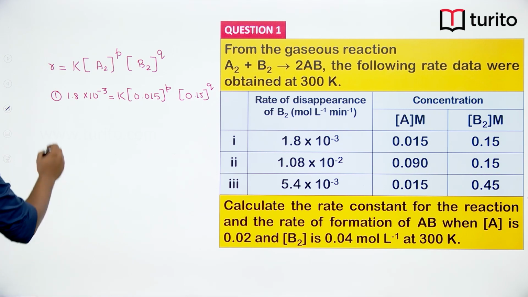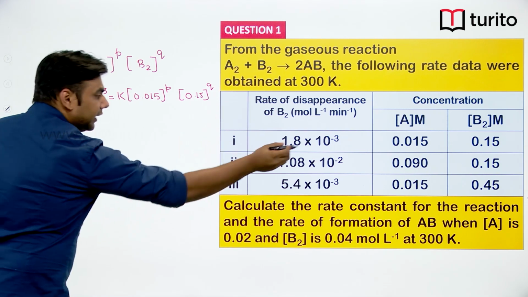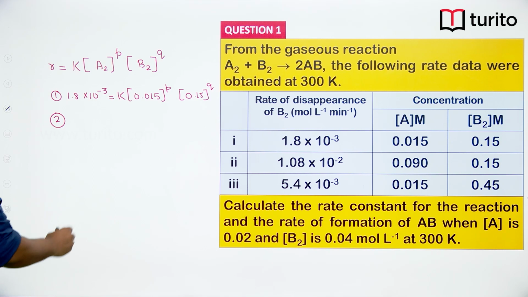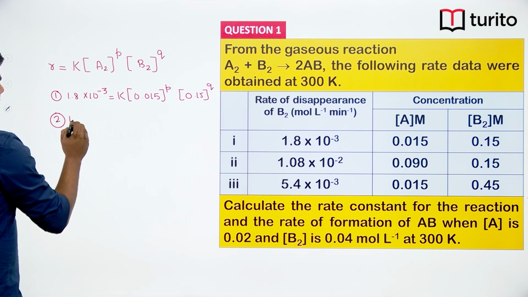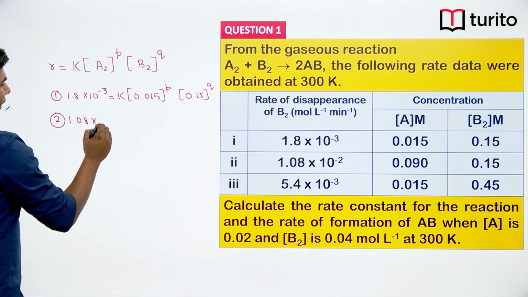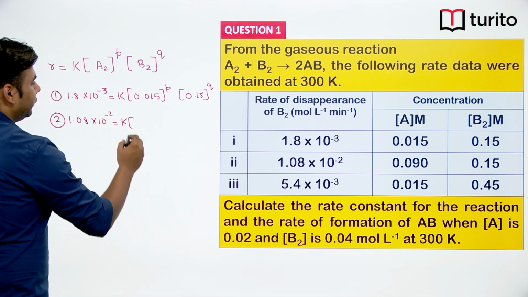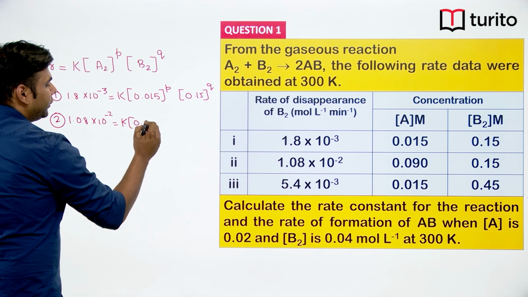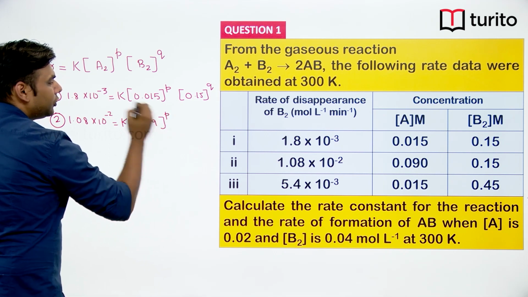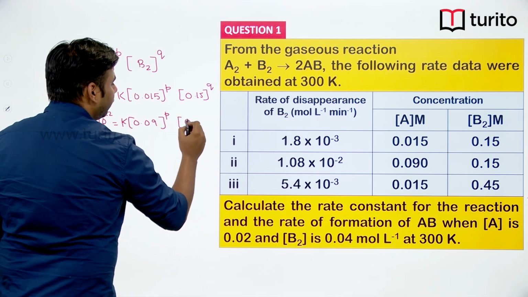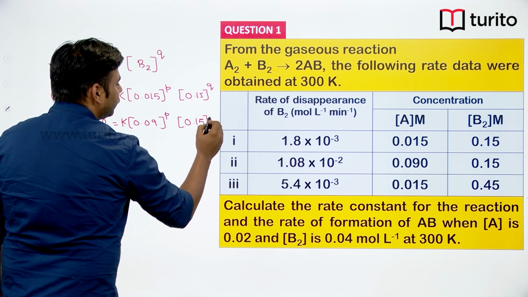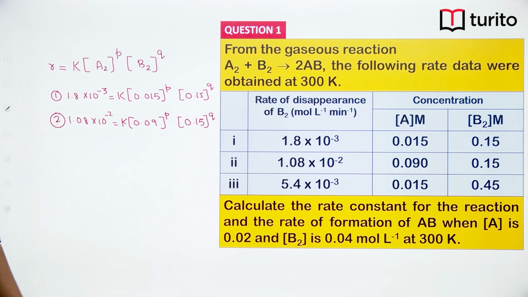Okay. Similarly, if we write the second equation using the second data that has been given to us, we know that the rate is 1.08 into 10 raised to minus 2. Okay. The concentration of A is given as 0.09. So this is raised to power P into concentration of B2 raised to power Q. Okay.